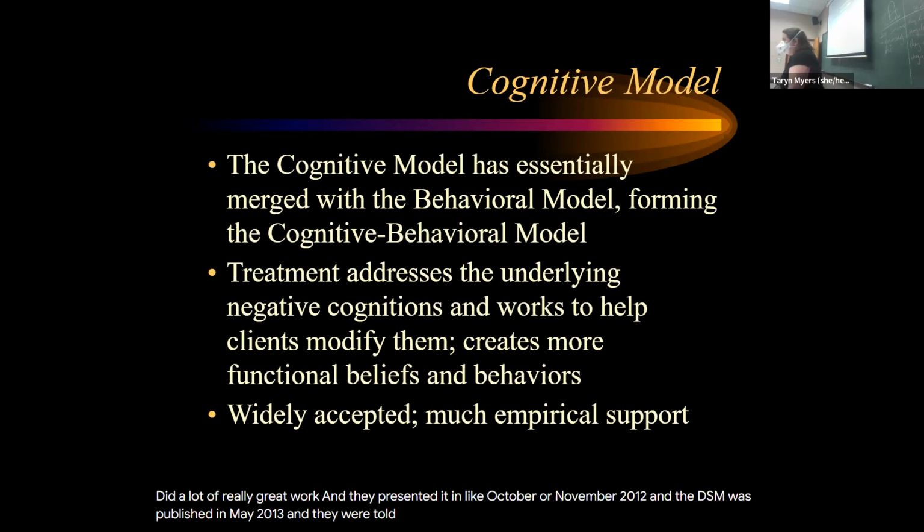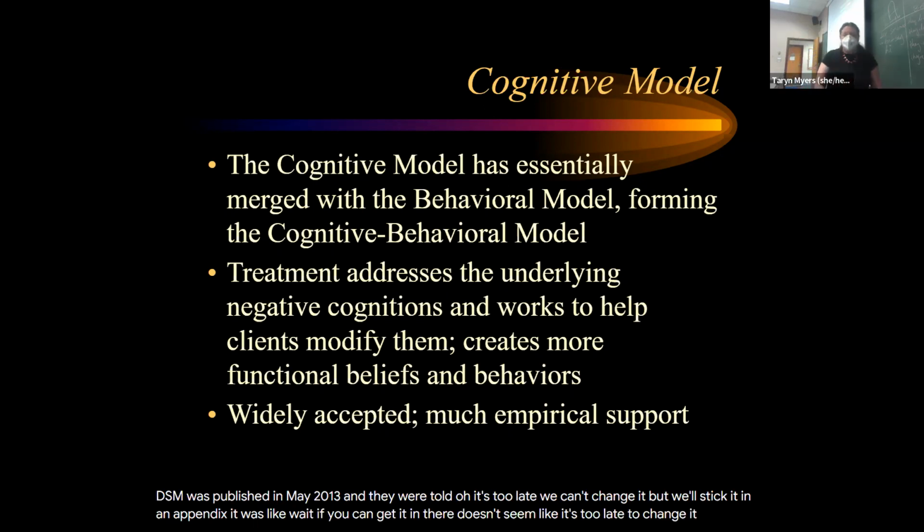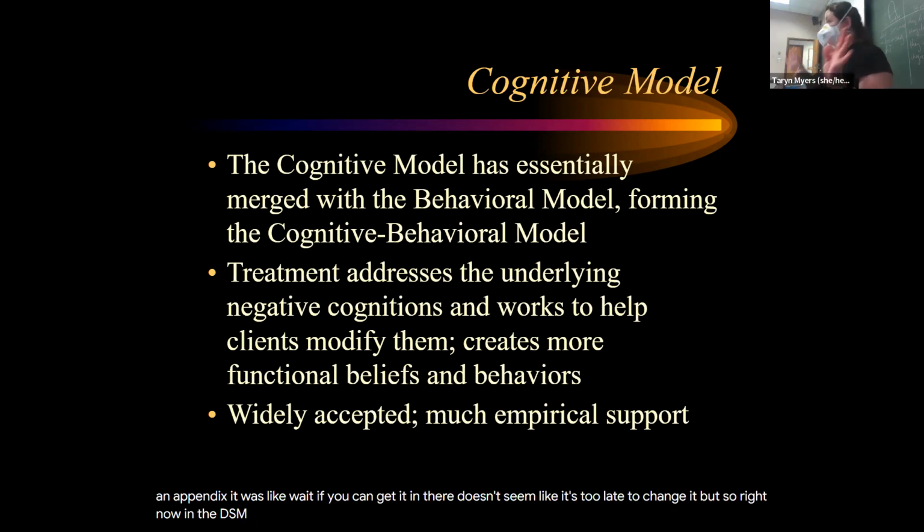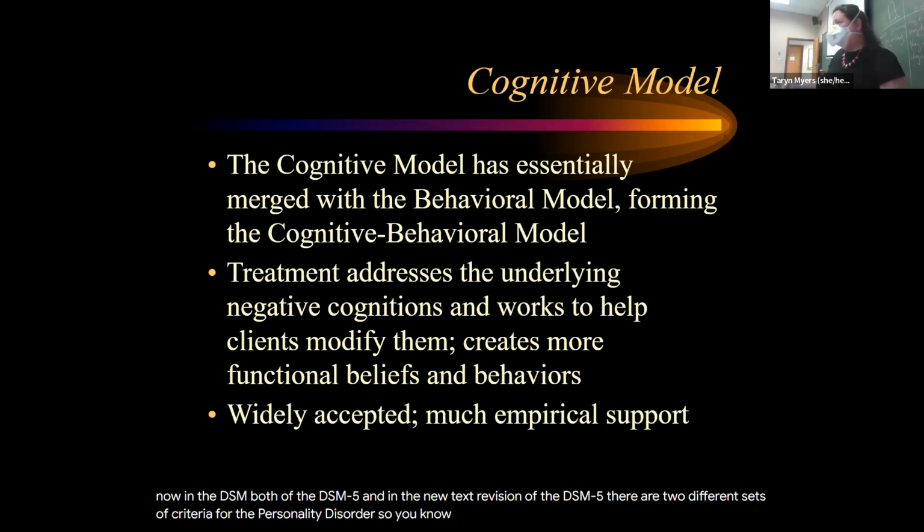They were told, oh, it's too late, we can't change it, but we'll stick it in an appendix. It was like, wait, if you can get it in there, it doesn't seem like it's too late to change it. So right now, in both the DSM-5 and the new text revision of the DSM-5, there are 2 different sets of criteria for the personality disorders. So, you know, we have our act together, not really.